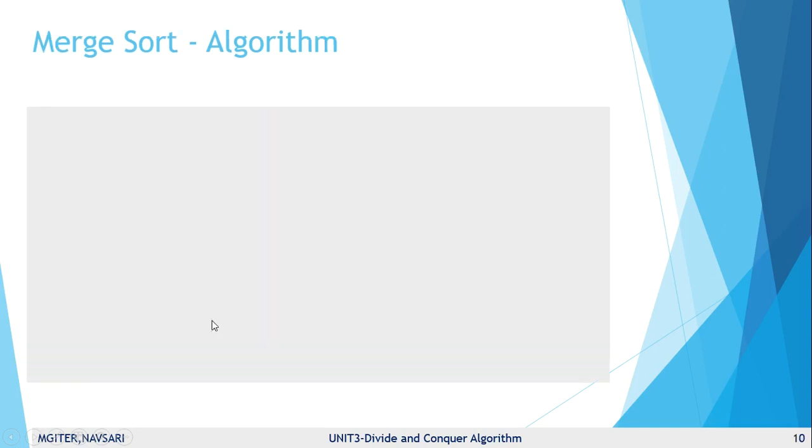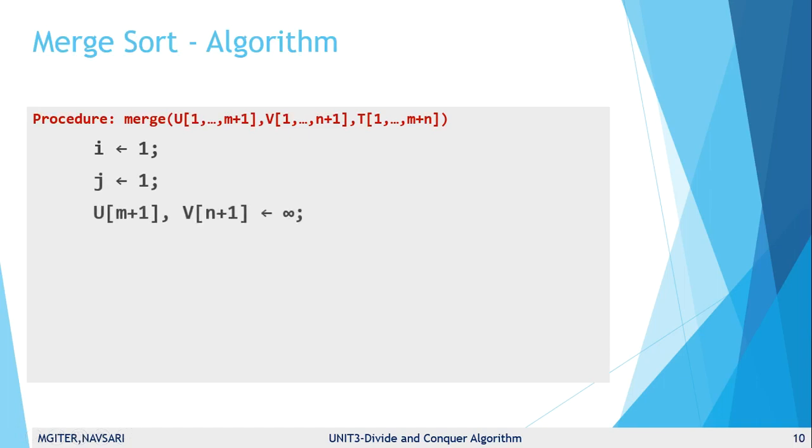Now we write the algorithm for merging. Here we assign 1 to i and 1 to j, U of m plus 1 and V of n plus 1 to infinity, and for k from 1 to m plus n, k is a unique element.